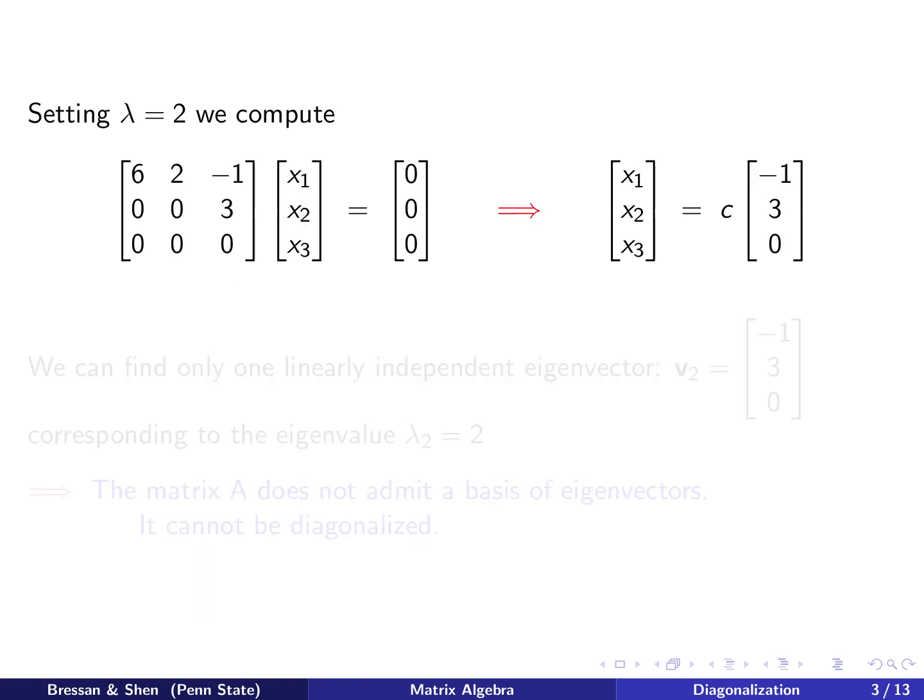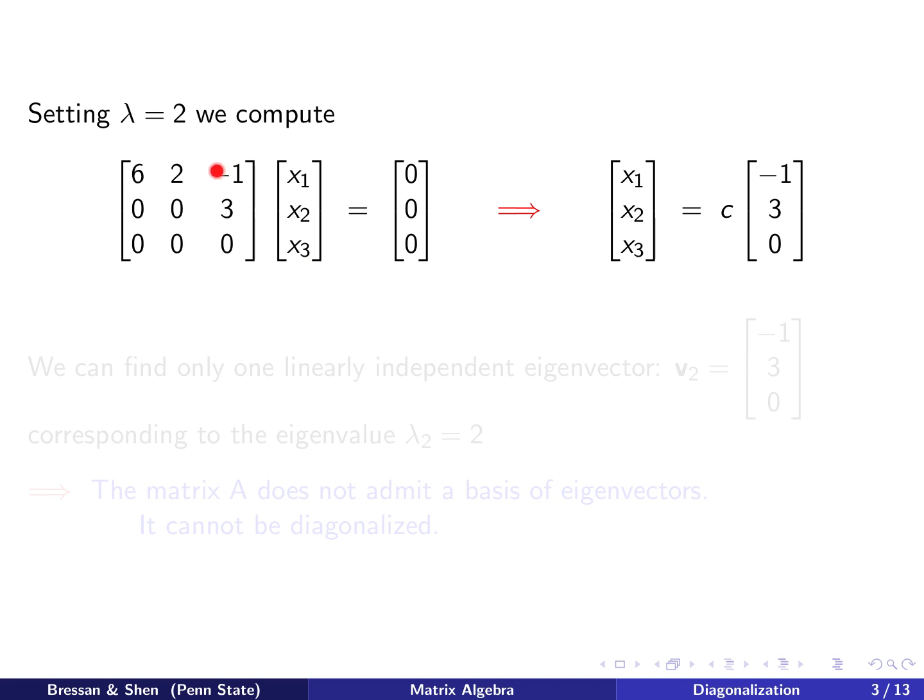Now let's look at lambda equals 2, and we set up our system, which is this one. Take a closer look. The third equation always holds because it's 3 zeros times that, and it always adds up to 0. Now look at the second equation, which is 3x3 equals 0. So therefore x3 must be 0.